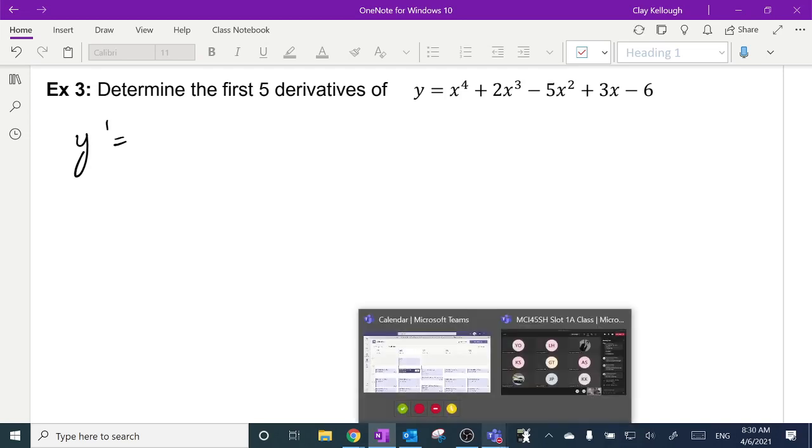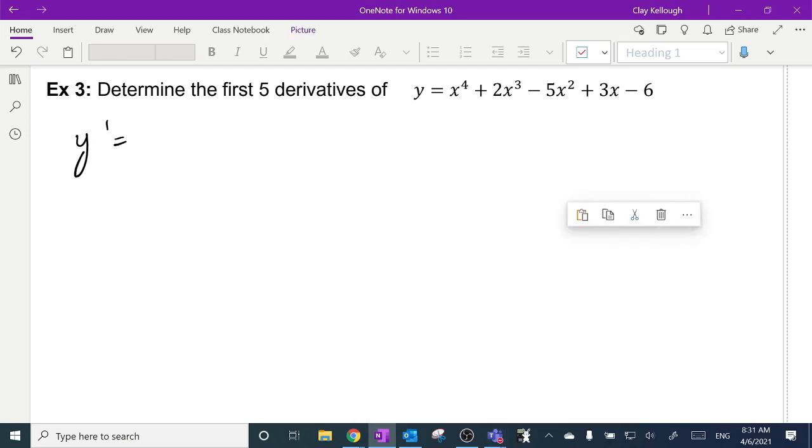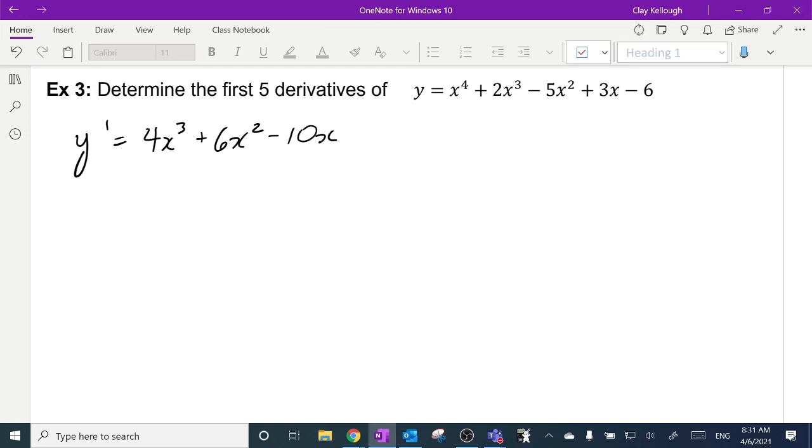So the first derivative would be to change x to the power of 4 into 4x cubed plus 6x squared minus 10x plus 3, and remember the derivative of a constant is just 0. So there's the first derivative. The second derivative would be 12x squared plus 12x minus 10.